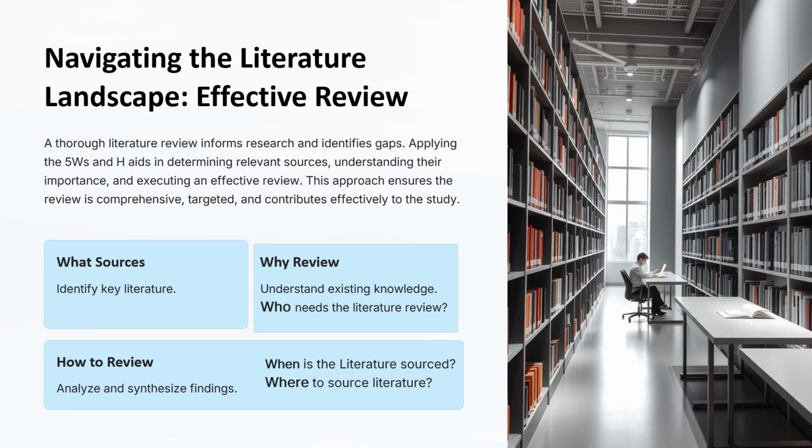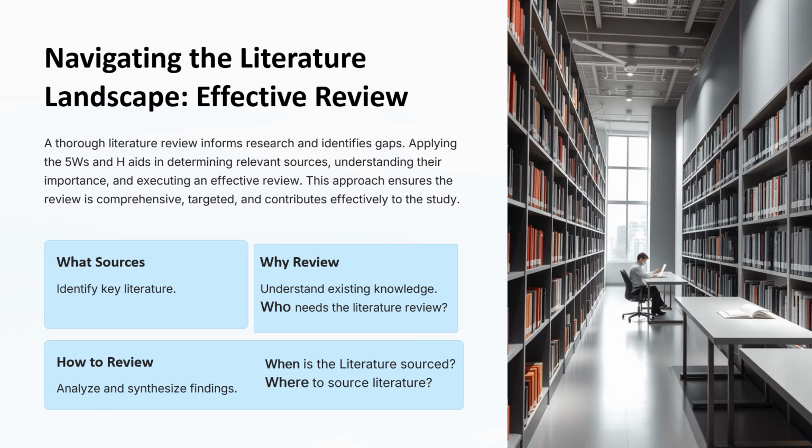Let's proceed to the literature review. We are now moving to the section of the literature review, navigating the literature landscape, effective review. We are not just talking about writing information. The information you are writing under literature review must be relevant to the topic you have chosen, and must be talking about the problem you have identified that you want to solve.